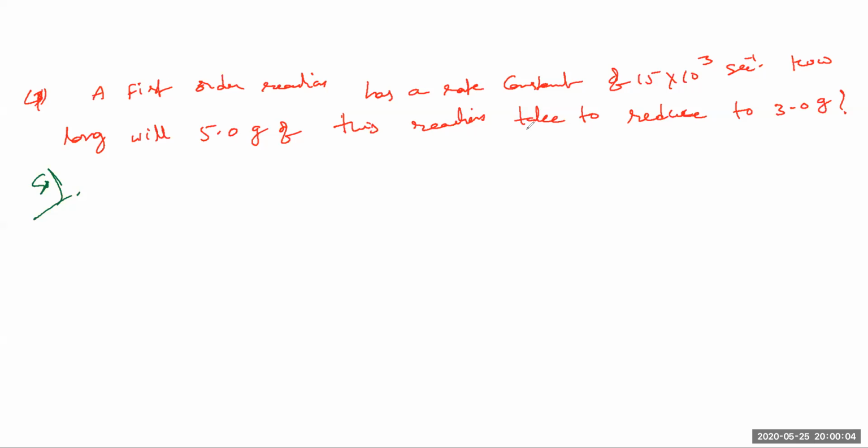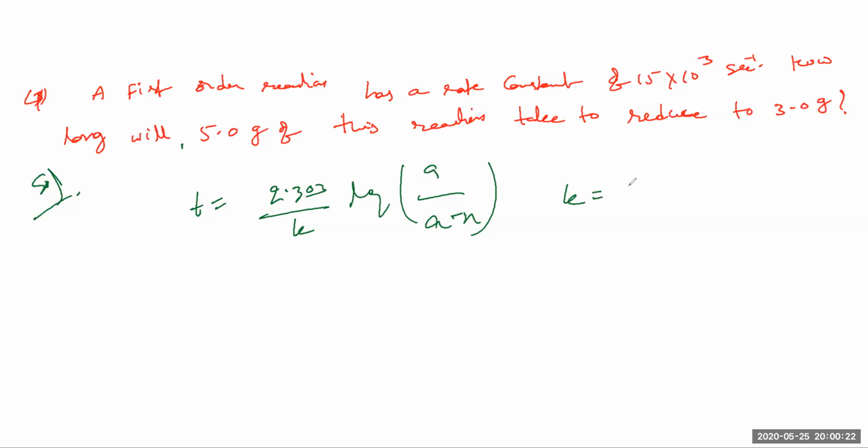Apply the first order kinetics. What is the formula required? T is equal to 2.303 by K into log of A by A minus X. Here K is already given, 15 into 10 power minus 3. Initial concentration A is 5 grams.